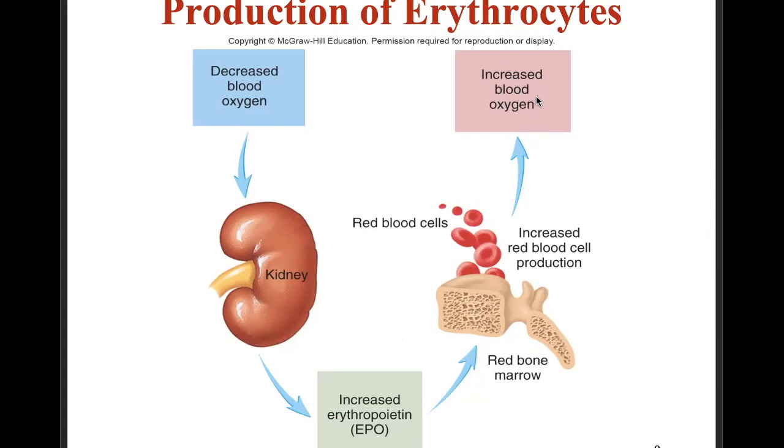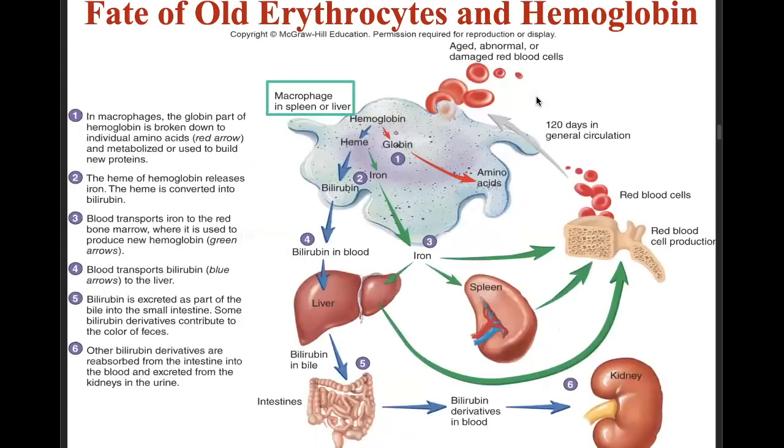So this is the simple pathophysiology of the production of erythrocytes. Low blood oxygen is detected by the body, which stimulates the kidney to increase production of erythropoietin for the red bone marrow. Eventually there are more erythrocytes, which increases red blood cell production and the blood oxygen in the body. I hope this one is clear, so let's move on here.